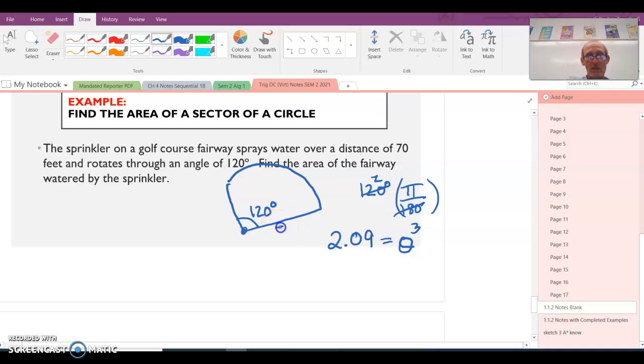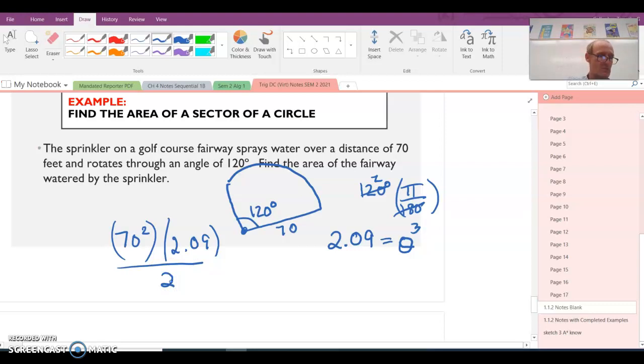Now, this is 70, and so it's going to be 70 squared, the area, 70 squared, times 2.09 divided by 2. All right, so times 70 squared, and divided by 2, and the area of that is 5,128 square feet.